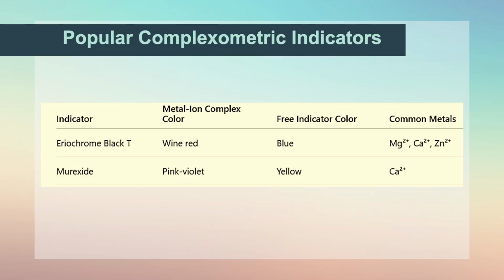Now, we can have a discussion on popular complexometric indicators. This is a chart that gives an idea about different types of complexometric indicators. The first column represents the indicator. Metal ion complex color is shown in the second column. Free indicator color is shown in the third column, and the last column represents the common metal ions that can be estimated with the help of the corresponding indicators.